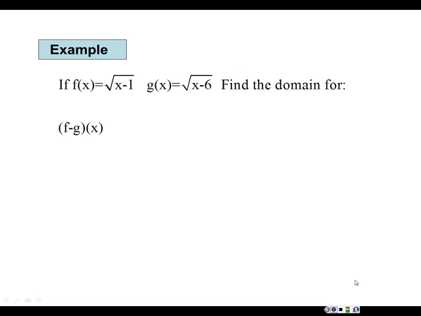All right, here, just to make sure that x minus 1 is greater than or equal to 0. So x minus 1 greater than or equal to 0 means x is greater than or equal to 1, right?